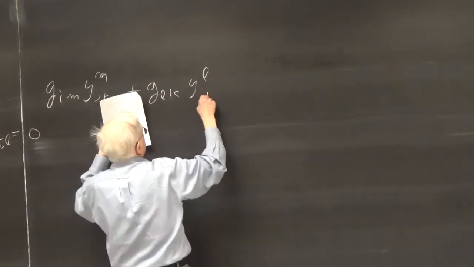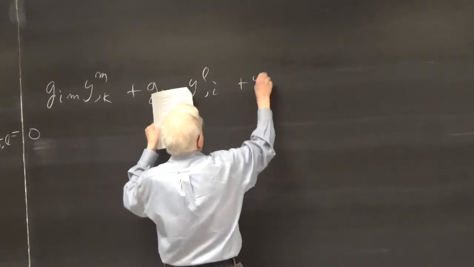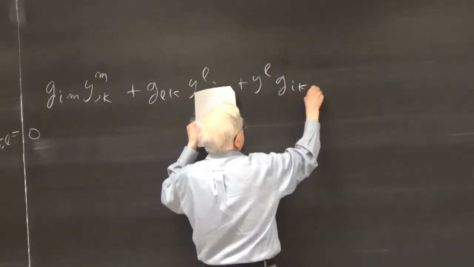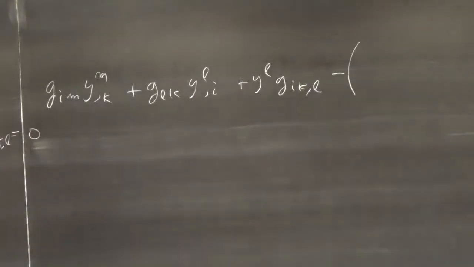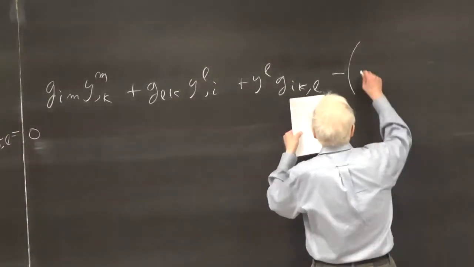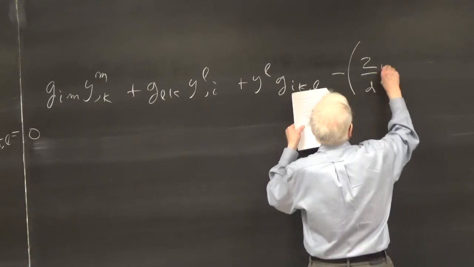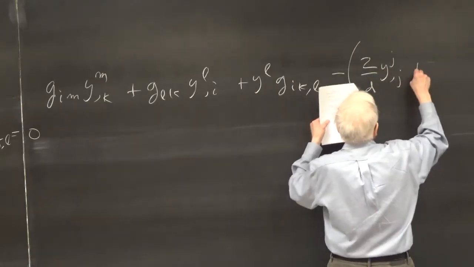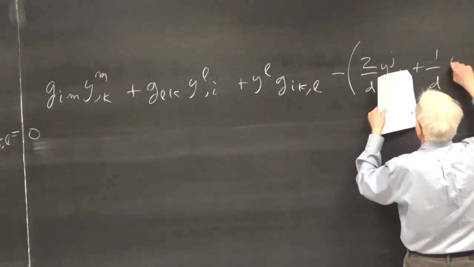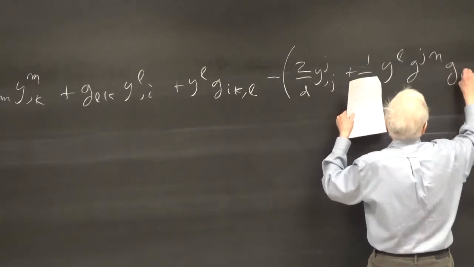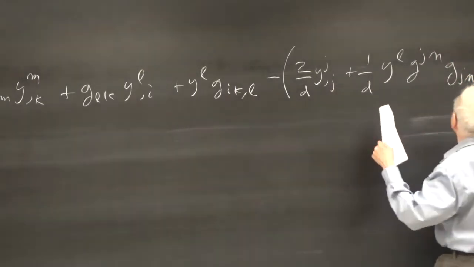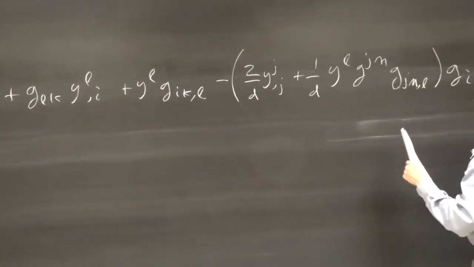L,K Y,L comma I plus Y,L G,I,K comma L minus, and now this is the omega thing, minus 2 over D Y,J comma J plus 1 over D Y,L G,J,N comma L G,I,K equals 0.